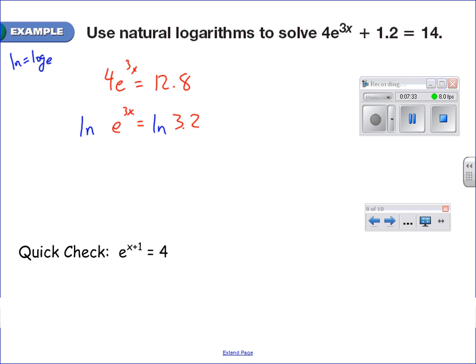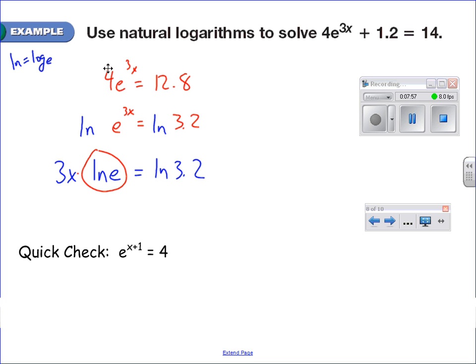Log base e. So now that allows me by my power rule to say 3x equals ln of e, ln of 3.2 over here. Yay! Look at this. This is a 1, right? So 3x times 1 doesn't change anything.